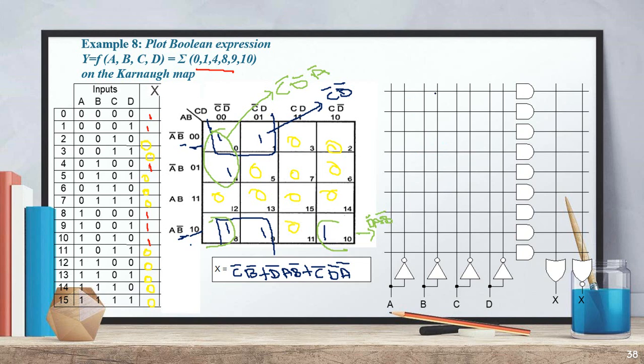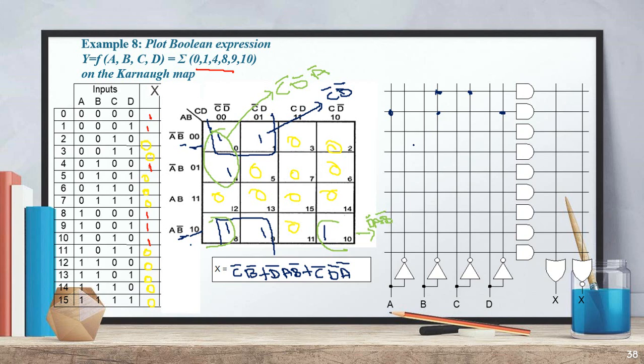So C bar B bar means where C bar is present, this portion, and another one is B bar, so B bar is this portion. Next one, D bar A B bar. So D bar is this portion, A uncomplemented version, and B bar is this one.